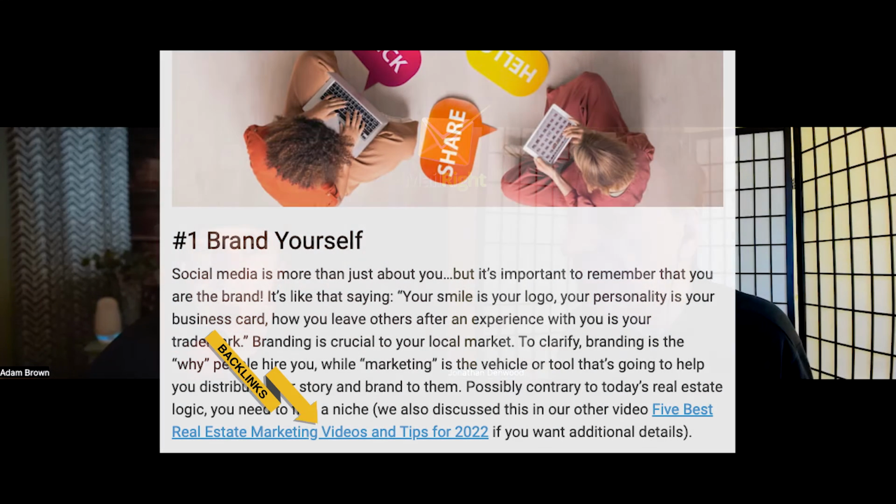What about using backlinks? We didn't talk about that a lot. Well, it is the hardest, but it's still the factor that Google built their whole empire on.